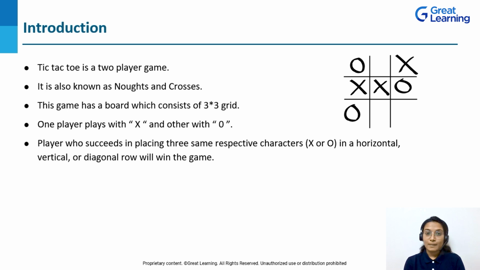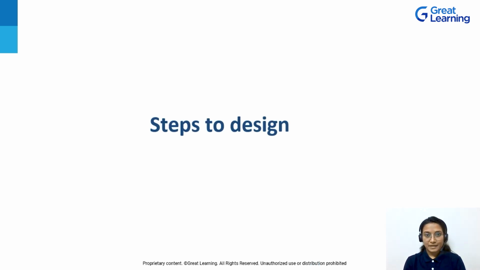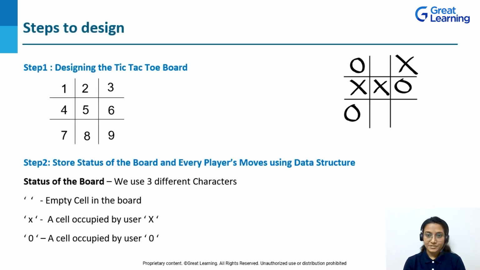How do we convert this particular game into a coding format on the Python platform? Steps to design this particular game on the Python platform. First, let's understand in normal English language what are the different steps we have to follow, nothing but a kind of algorithm. So let's quickly hop into step 1.